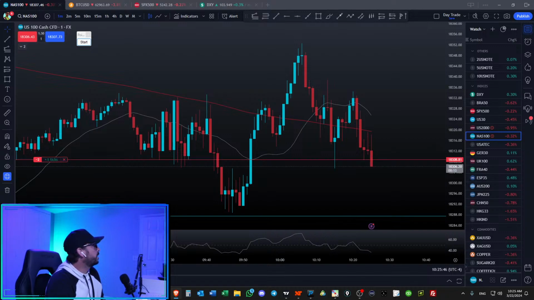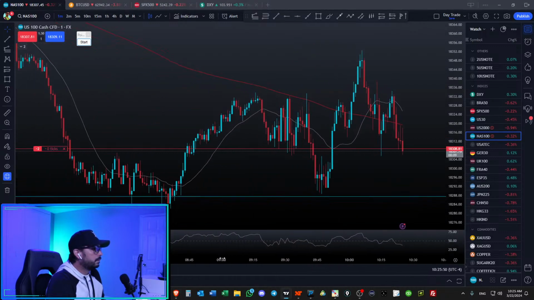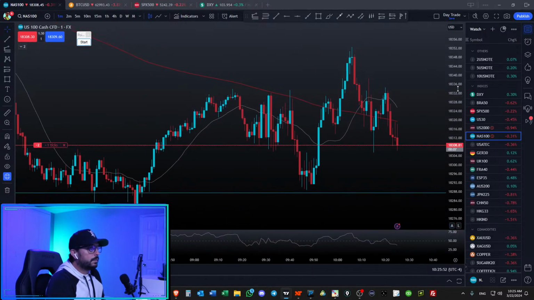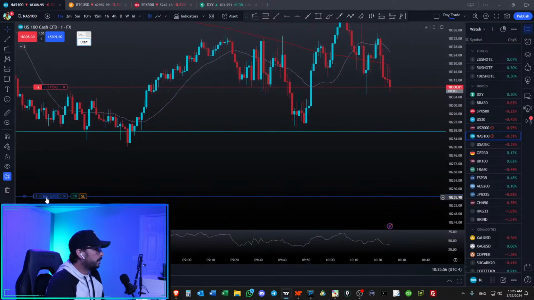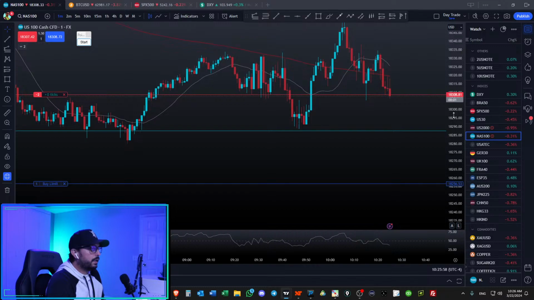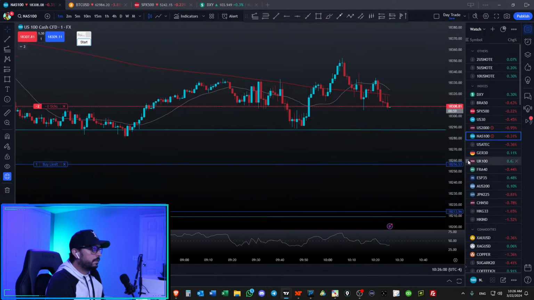There goes NAS. I got my first target way below there. Where's my second one? It's way below. Maybe I'll take profits on here. Let's wait and see what this is gonna do.